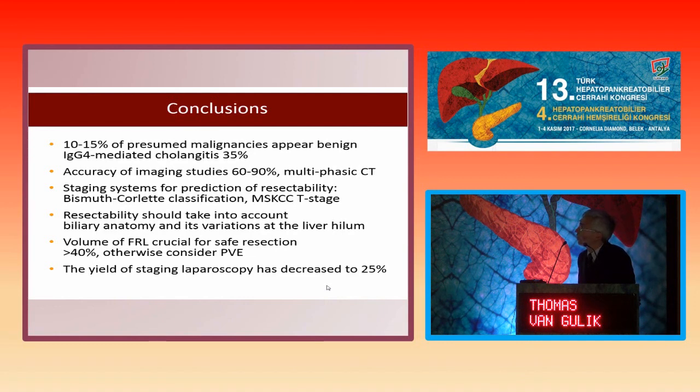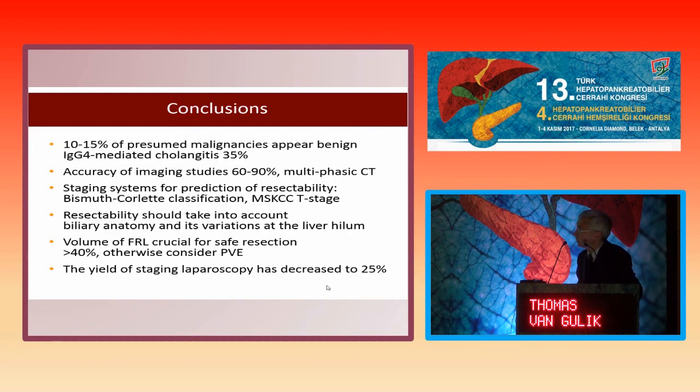The staging system we use mostly is still the Bismuth-Corlette classification, and when we look at those patients, we should realize that resectability has to take into account the biliary anatomy and its variations at the liver hilum in order to be able to realize if you can do an R0 resection.